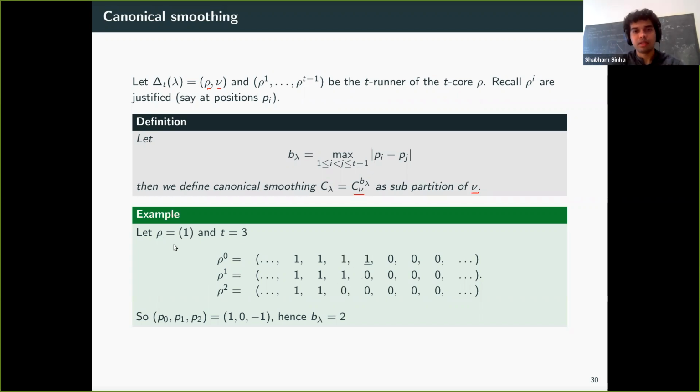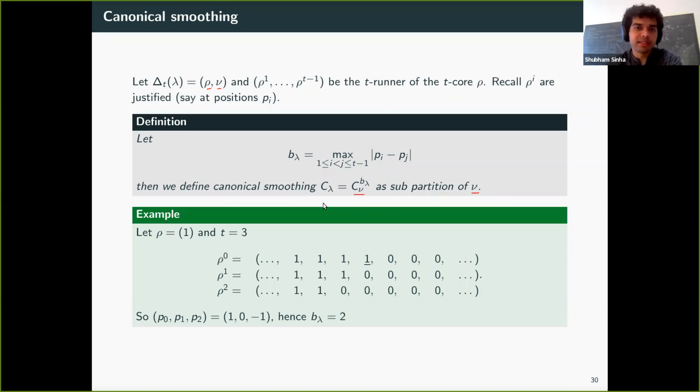So for example, if you have these P0, P1, P2, for partition 1, which is a 3-core, you get 1, 0, minus 1, and so B lambda will be 2.